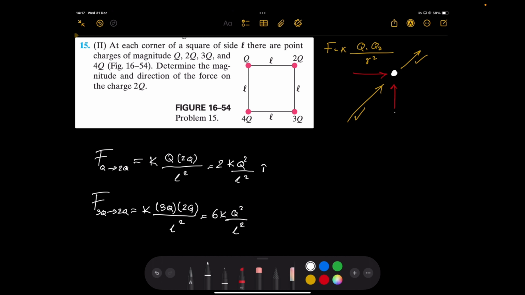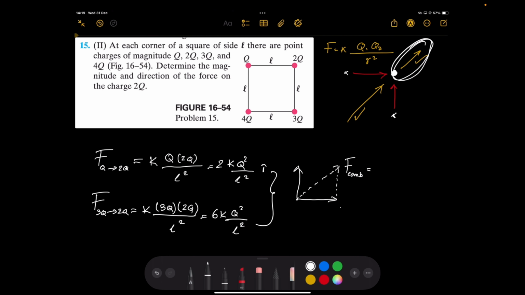Now, we have this force and this force. Let's combine them. Let's put them together. So we're going to have a force just like this. So how are we going to do that? We have a horizontal force and a vertical force. Well, that's going to be a right triangle. So let's call it the combined force.